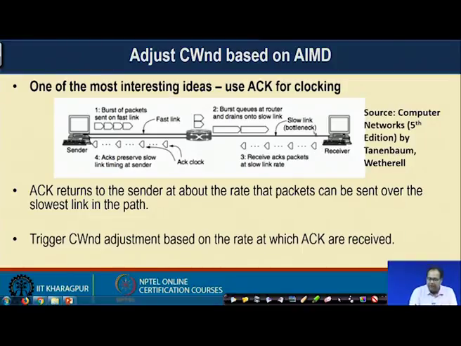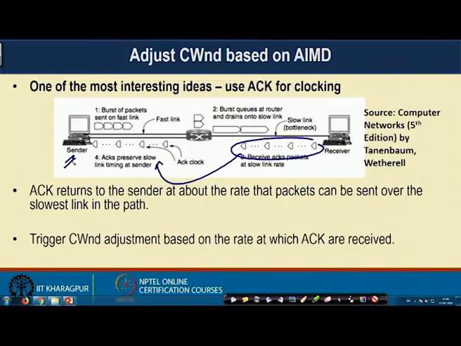So, whatever the rate of acknowledgement at this slower link, the same rate of acknowledgement will be perceived in this fast link as well. That way, whenever the sender gets the acknowledgements, they indicate the rate of the slowest link in your end-to-end path, if you have a multiple-hop path. At that rate, the acknowledgements will arrive at the sender.